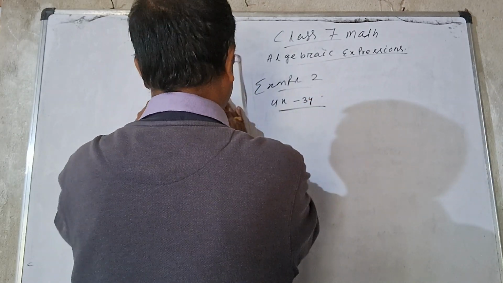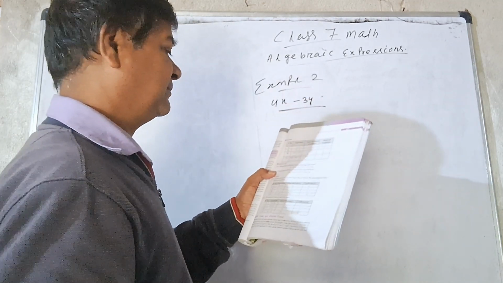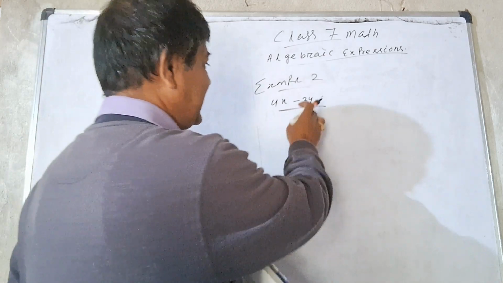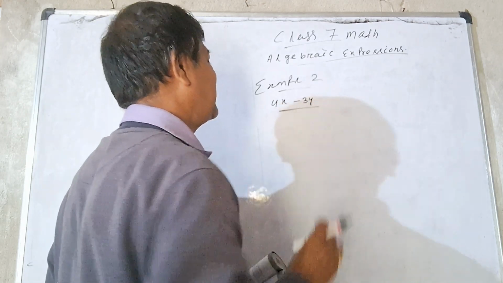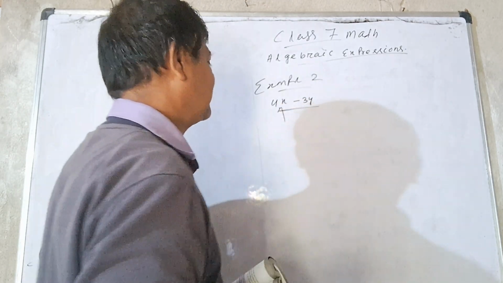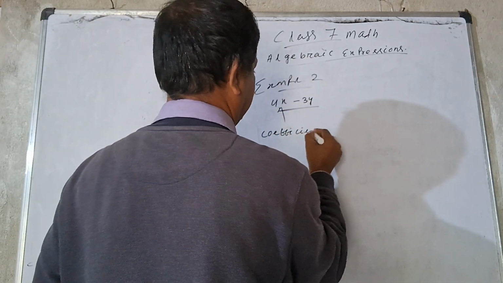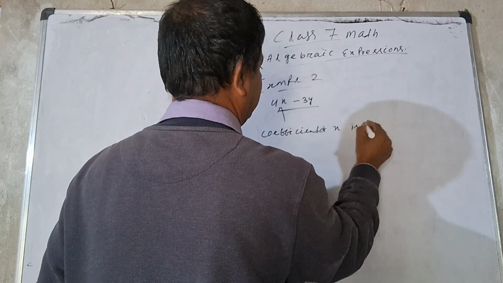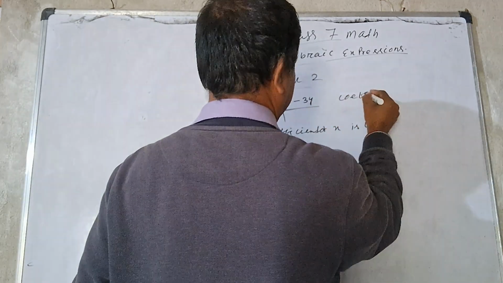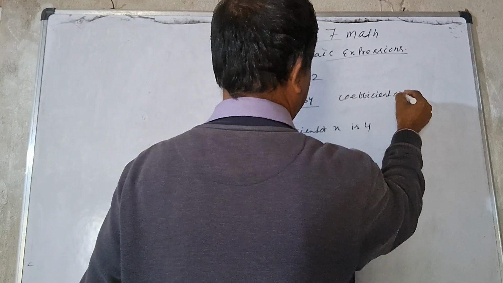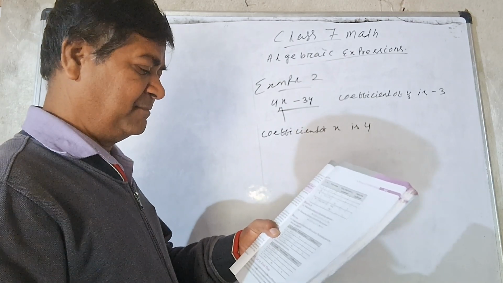Here the x containing term is 4x, and 3y has no x variable. So the coefficient of x is 4. Similarly, the coefficient of y is minus 3.